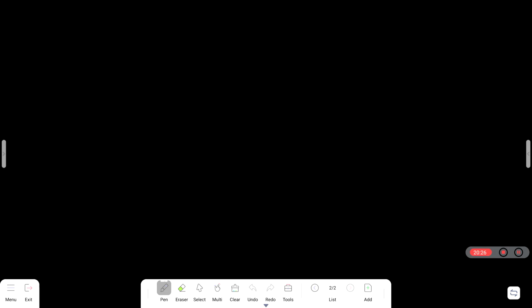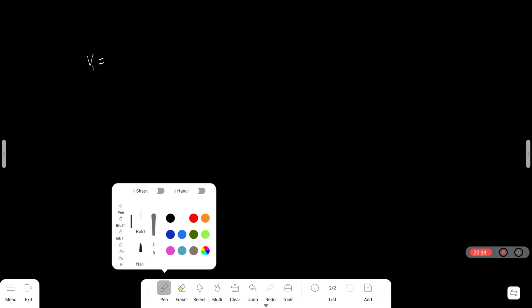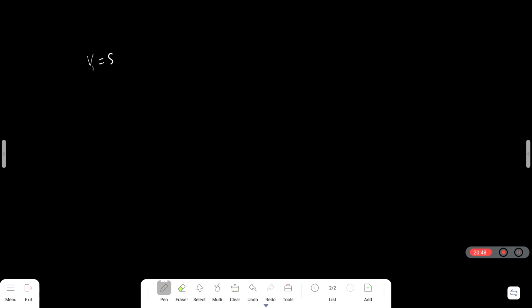A fluid system undergoes a non-flow frictionless process, changing its volume. Initially V1 is 5 meter cube, and finally V2 is 2 meter cube.